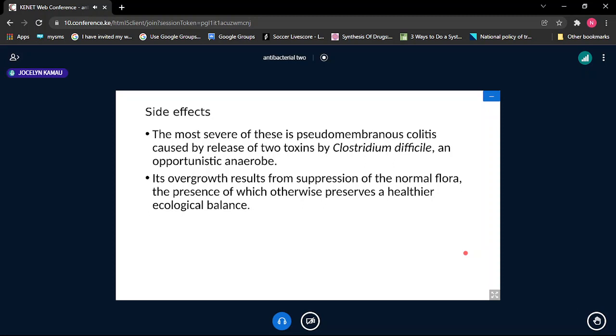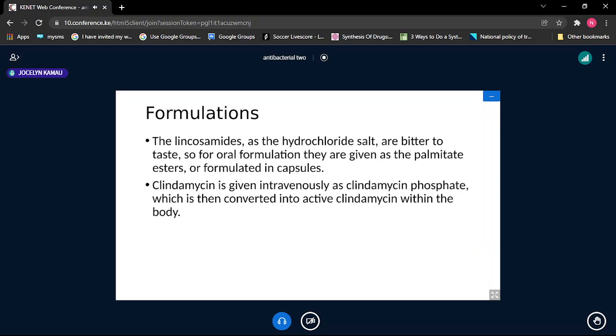Now, so that is the formulations, either this phosphate or the hydrochloride, but if you do it as a hydrochloride, we have said you also have to put it in a capsule, or you give it as a tablet where you have the hydrochloride but palmitate.